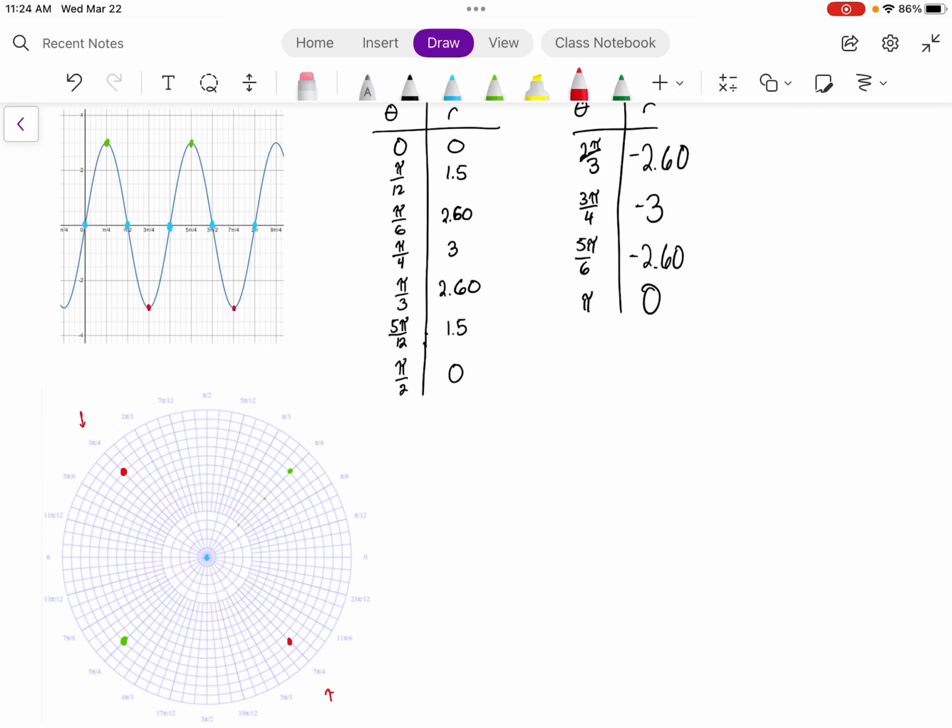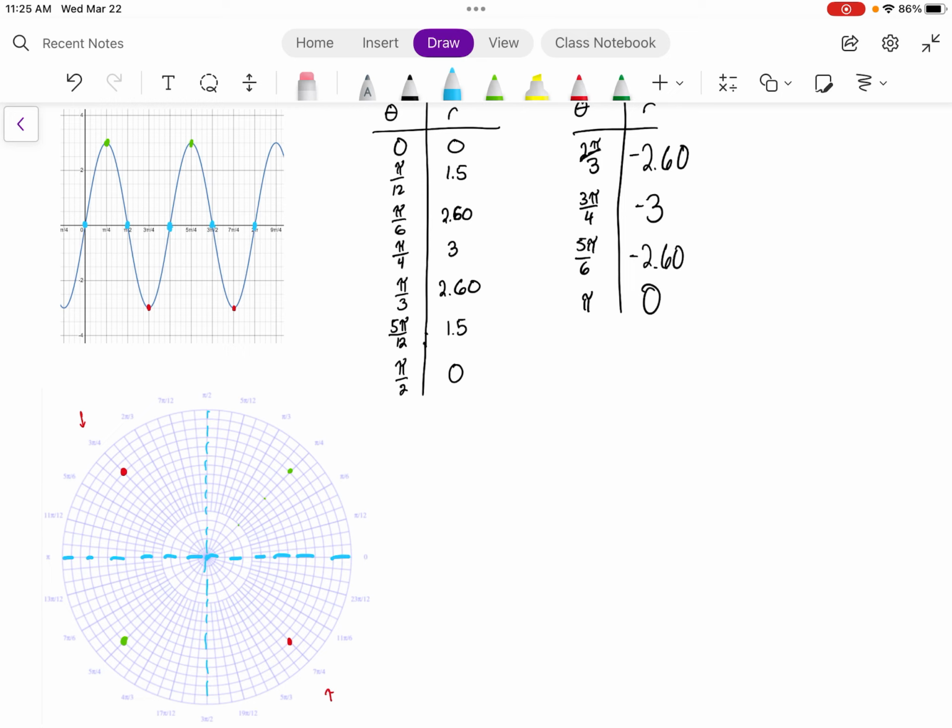Okay, and then the other thing that I'm going to do that is a little bit different than how we graphed our limacons, I'm going to put in some dotted lines along all of my zeros. They're sort of asymptotes, sort of guidelines. So I'm going to put one at theta equals 0, this straight line, and one at theta equals pi over 2, because that's another zero of my function.